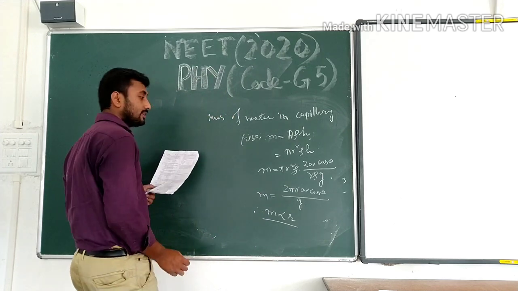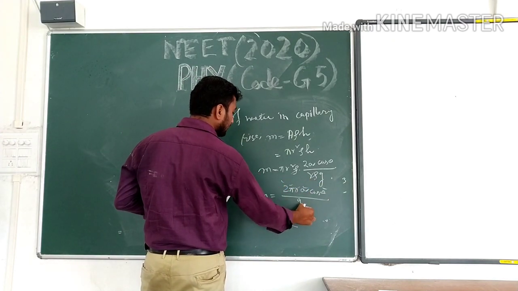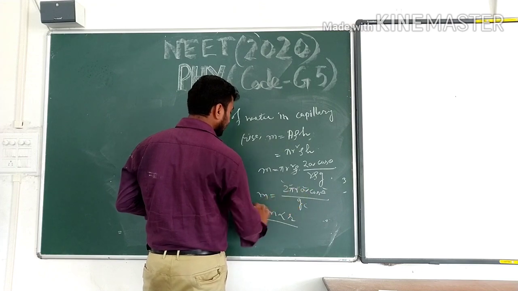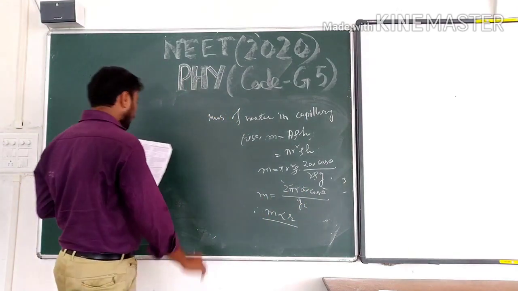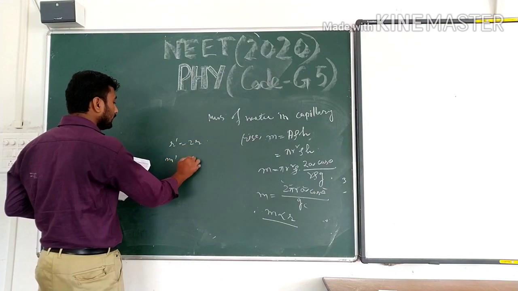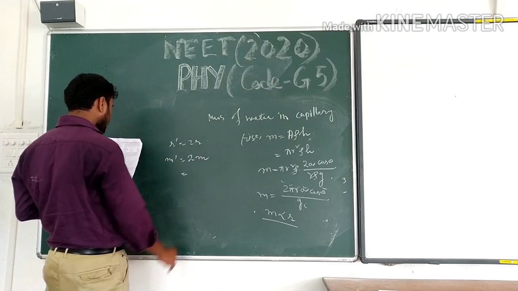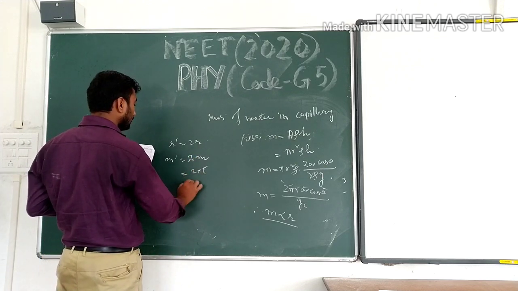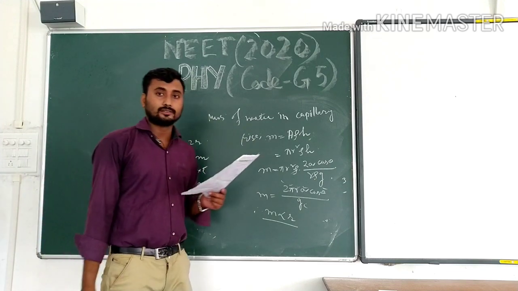Sigma is constant, cos theta is also constant, g also constant. So mass is directly proportional to radius. Hence here r is 2r, therefore m dash will be 2m. So how much mass? 5, so 2 into 5 will be 10 gram. Option 2 is correct.